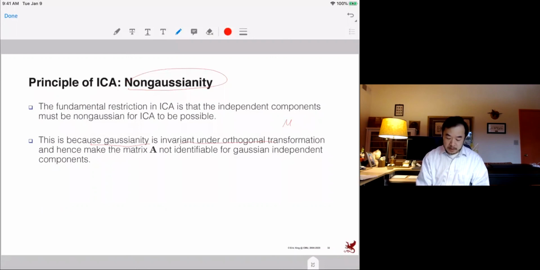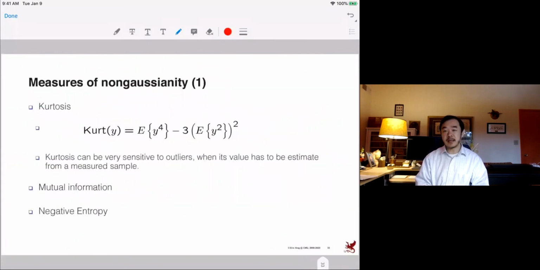Okay, so now the problem transforms to non-Gaussianity. And non-Gaussianity is actually easier to enforce because it can be measured. For example, people can use a term called kurtosis to measure whether a variable is Gaussian or not.